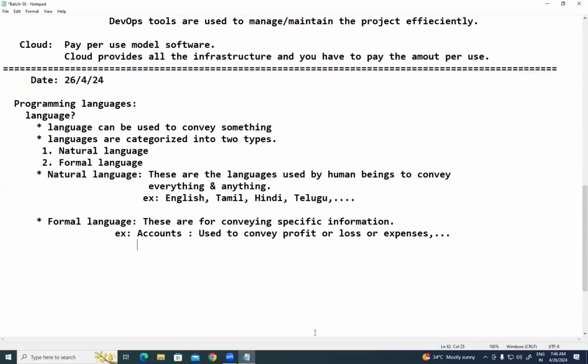Am I confusing you in any way? No, right? Okay. Folks, accounts are used to convey profit or loss or expenses. Am I clear or not? This is called formal language. Accounts. Let's take, for example, statistics.